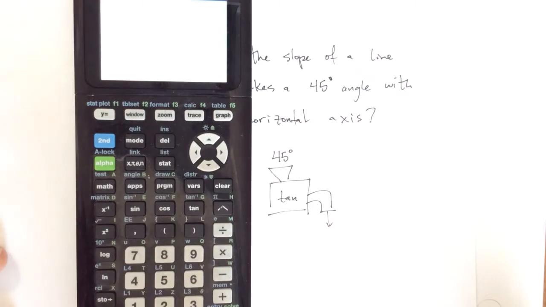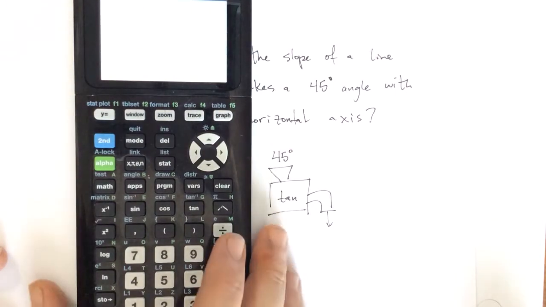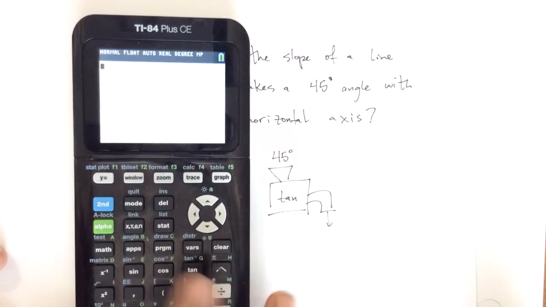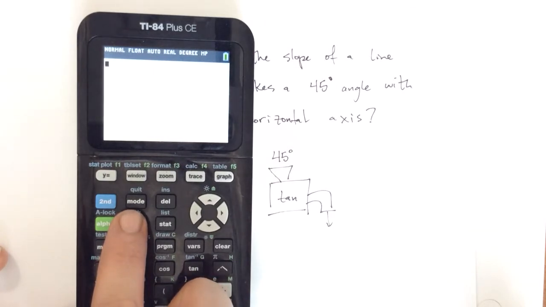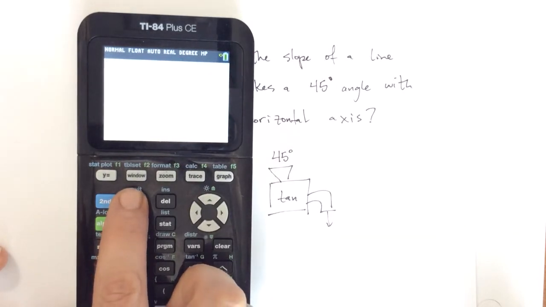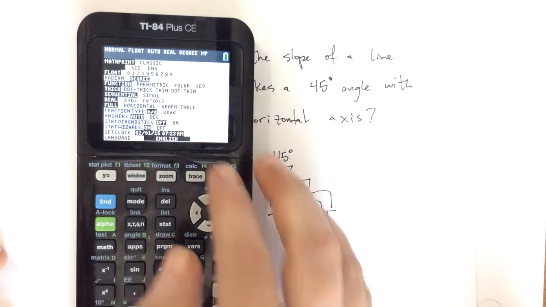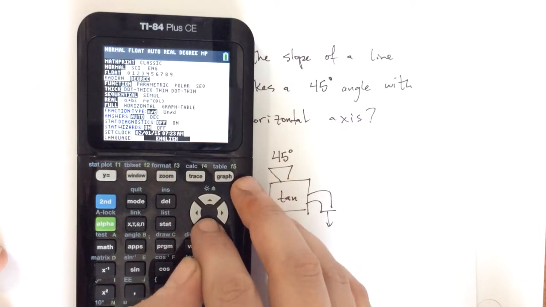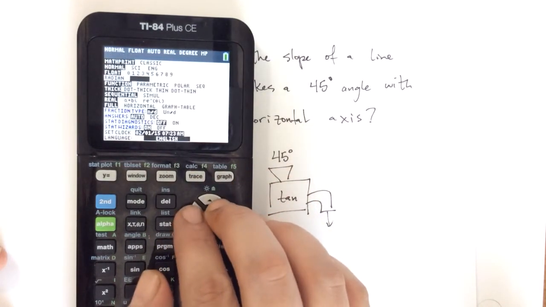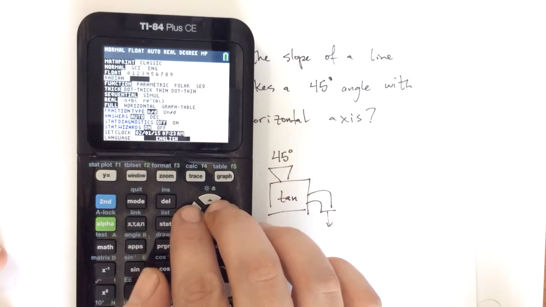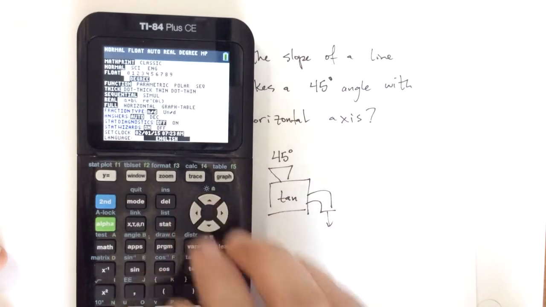We need to make sure your calculator is in the right mode in order to give meaningful answers for us. So I'm going to click on the mode button first before doing anything. And down here at this 4th option, you'll see choices between radian and degree.